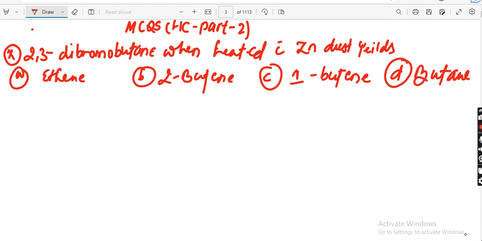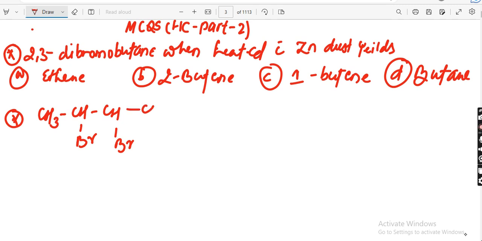So now let's solve it. 2,3 dibromobutane, so this is your CH3, CHBr, CHBr, CH3. When reacted with zinc dust, the zinc will react with these two bromines, right?